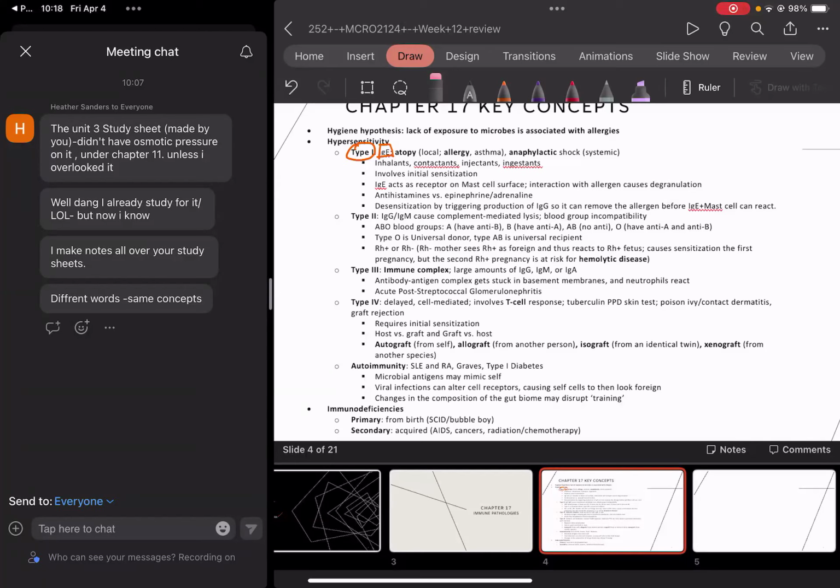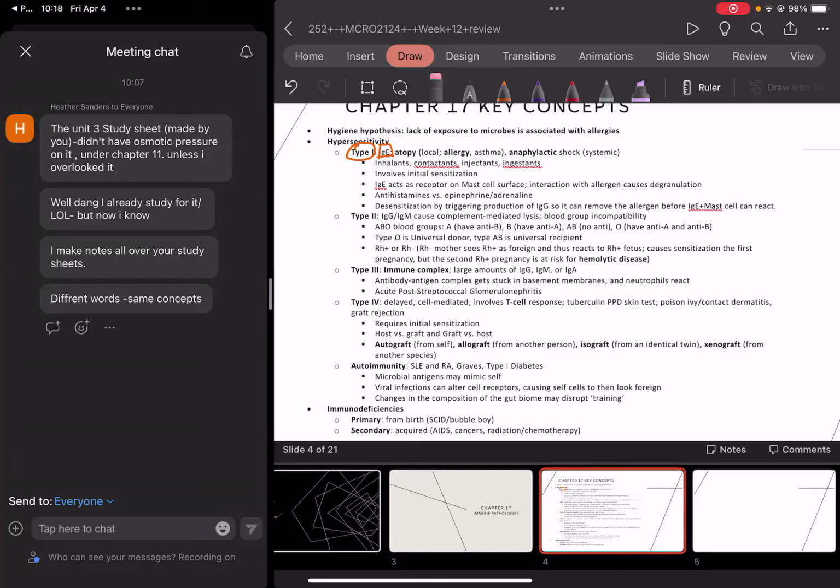Anytime you come into contact with an allergen, the allergen acts as an antigen that binds to the IgE molecules. When that happens, it causes the mast cells to degranulate. The mast cells, when they degranulate, send signals out to the body that are basically the inflammatory response.